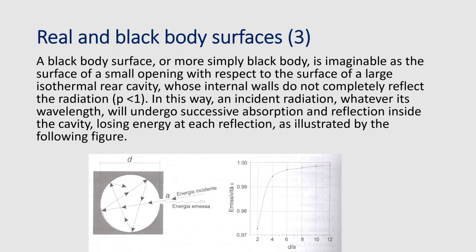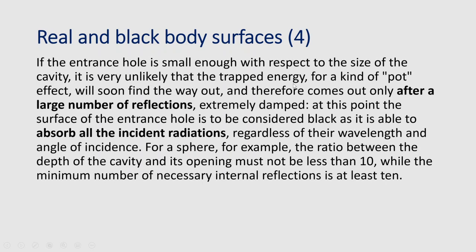All right? So why were they using this thing that is called a radiant cavity? Let's read the next slide. If the entrance hole is small enough with respect to the size of the cavity, as I mentioned before, it's very unlikely that the trapped energy, by a kind of pot effect, will soon find a way out, and therefore comes out only after a large number of reflections, of course extremely damped.